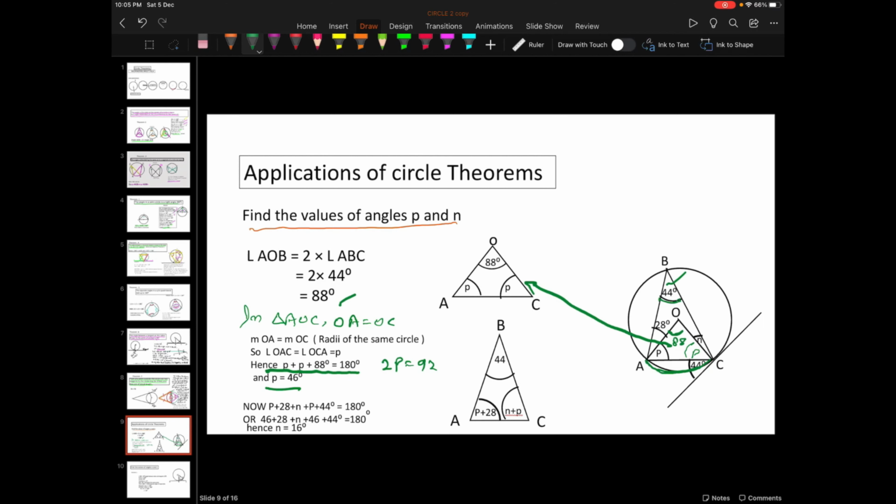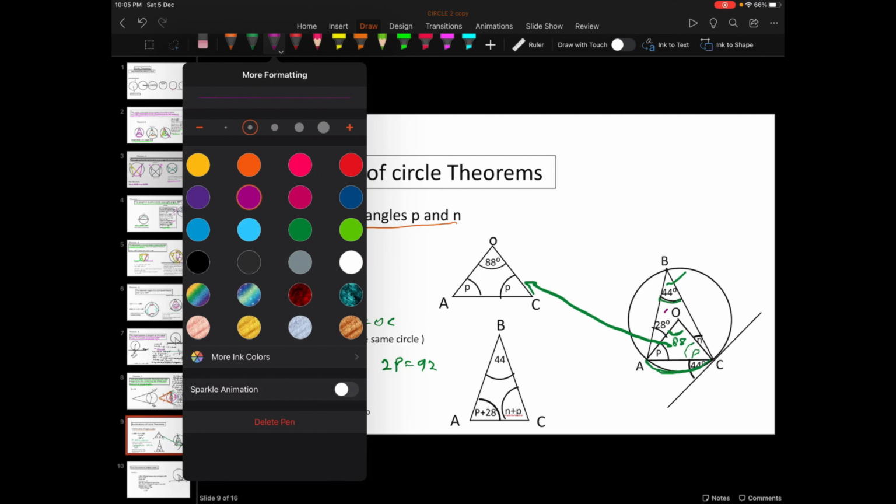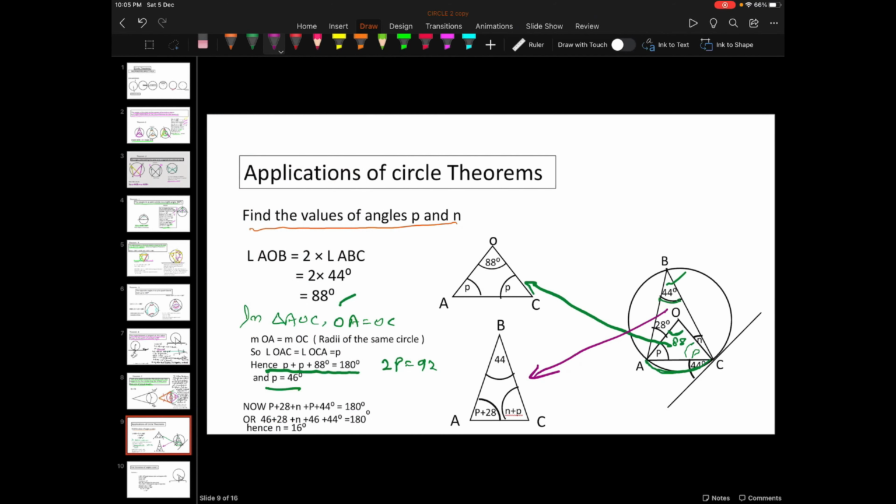We use another triangle ABC. Sum of angles of a triangle is equal to 180 degree.